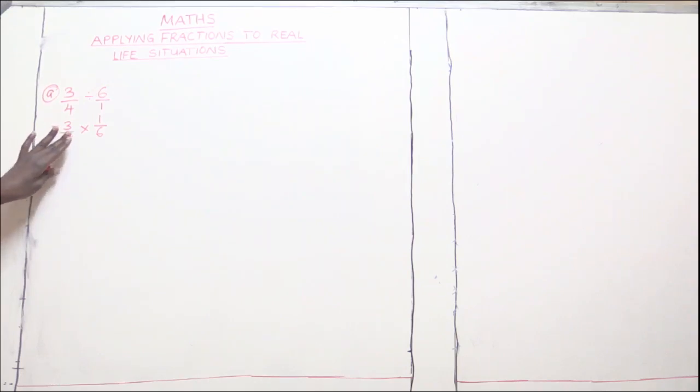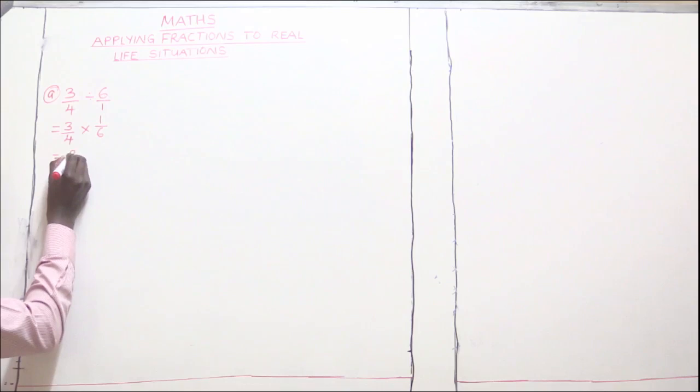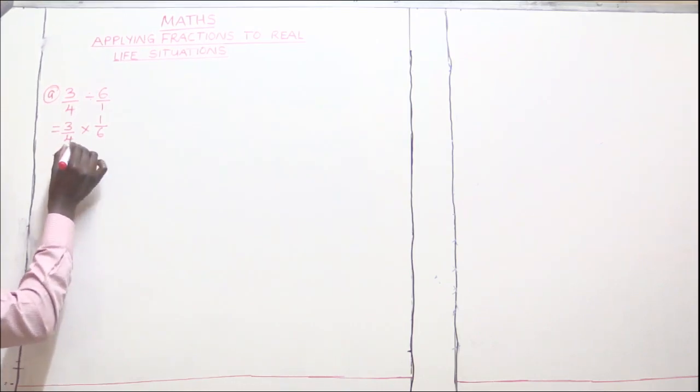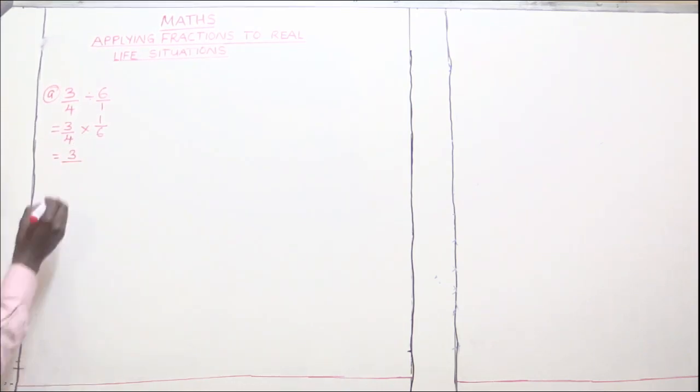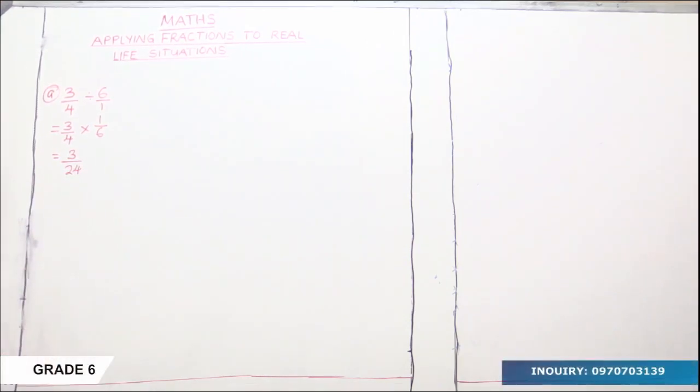Then you multiply 3 times 1, the answer is 3. 4 times 6, the answer is 24. So the answer there is 3/24. But there's a number that can go into 3 and into 24, and that number is 3 itself.